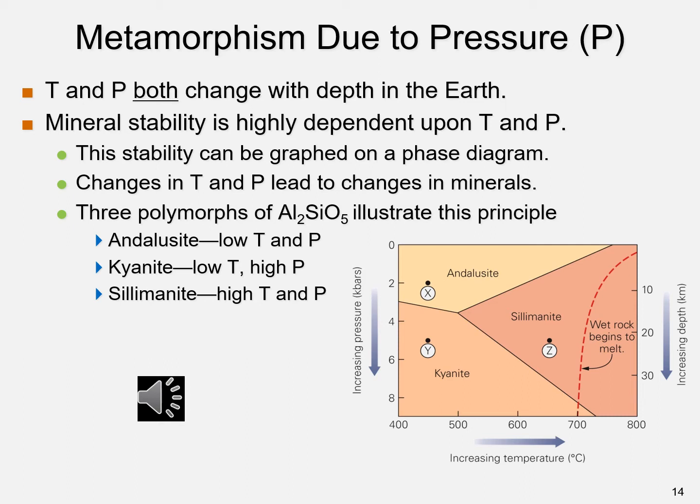And if the pressure stays at 5 kbar, but the temperature increases to 650 degrees centigrade, point Z, then sillimanite grows. So the presence within the metamorphic rock of one of these minerals can tell us what pressure and temperature range the metamorphism occurred in.